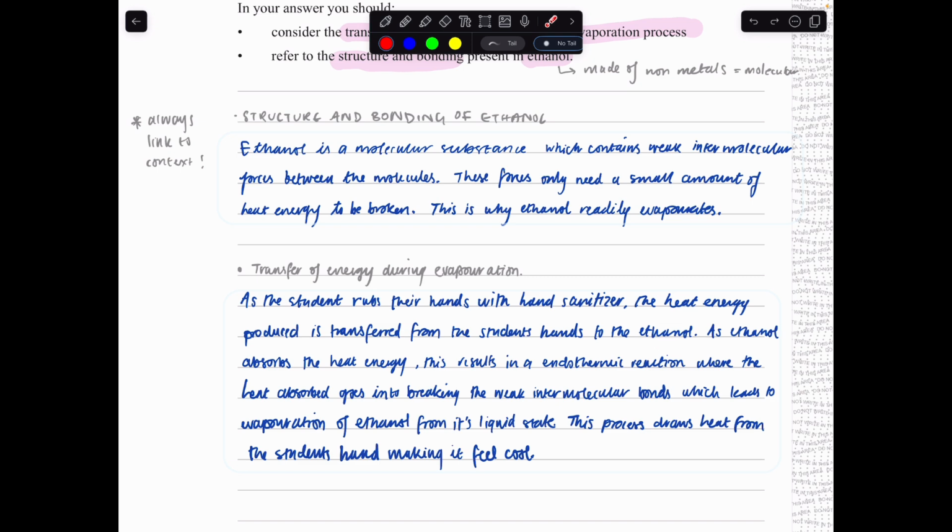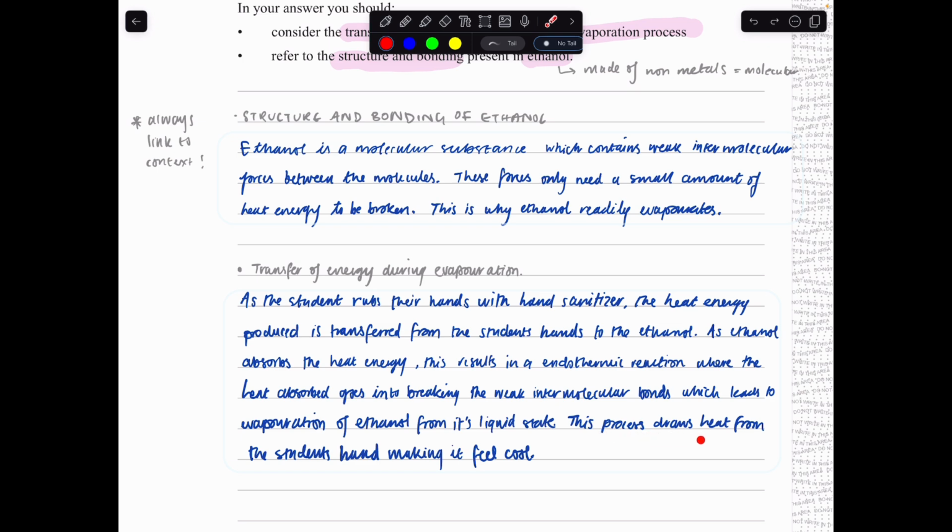So that hand sanitizer or ethanol absorbs that heat energy, which is endothermic, okay? The absorption of that heat from the rubbing of the hands is an endothermic process. So once this heat is absorbed into the ethanol, it goes into breaking the weak intermolecular bonds which hold ethanol together, and that leads to the evaporation of ethanol from its liquid state to a gaseous state.